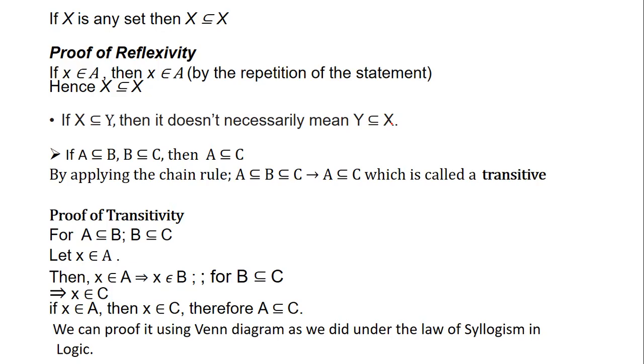Now, another point is saying that if you have the three sets A, B, C, and A is a subset or equal to B, and B is also a subset or equal to C, then we can say that A is also a subset or equal to C. Is it true?